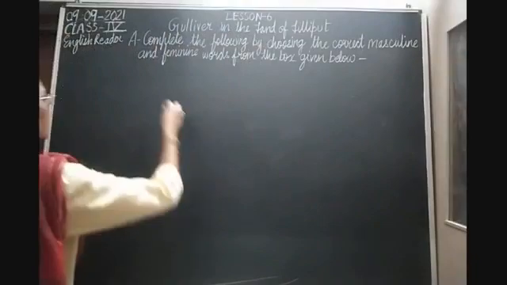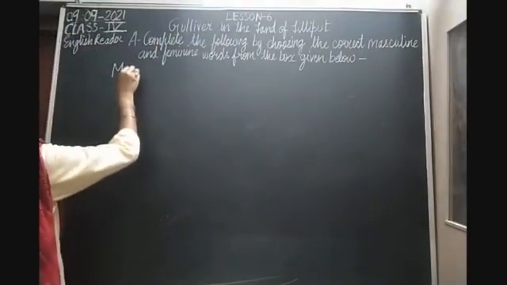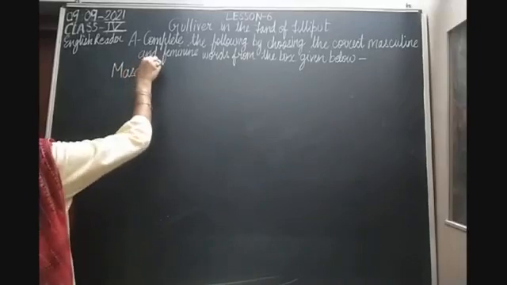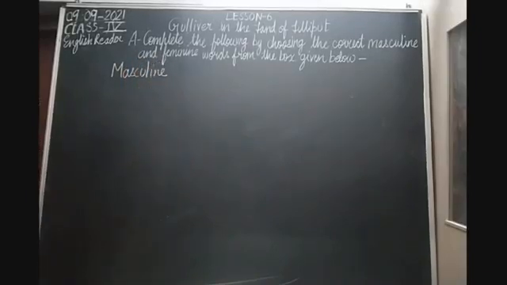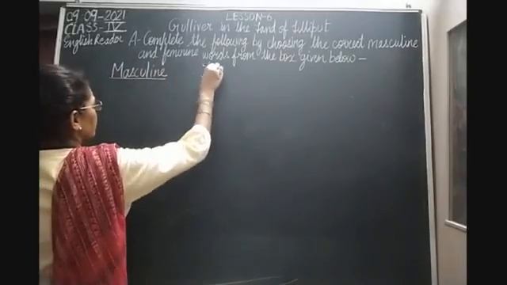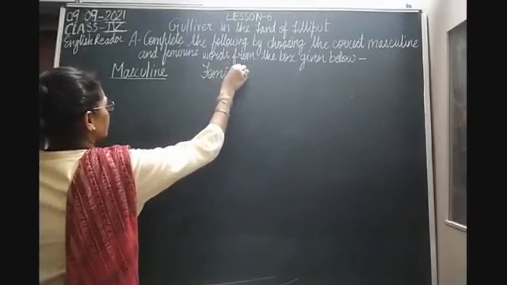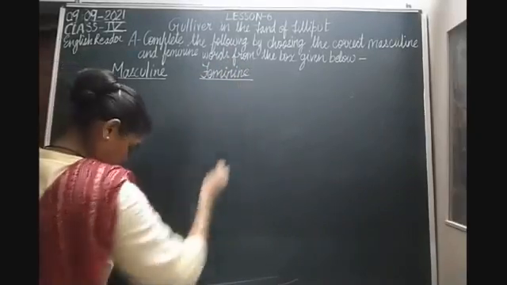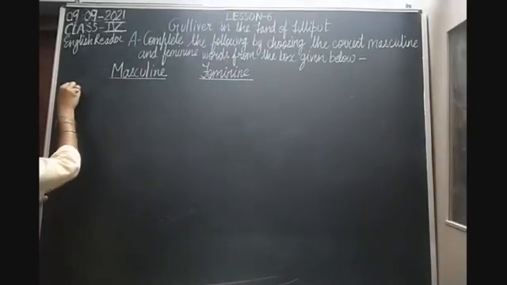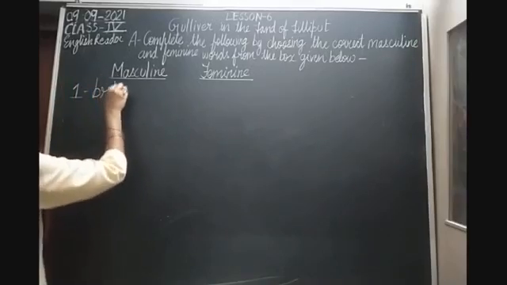Now we have to write the opposite genders facing each other. Clear? So this exercise has to be done in the book itself, children. Masculine and feminine. Now, the first word given is bridegroom.